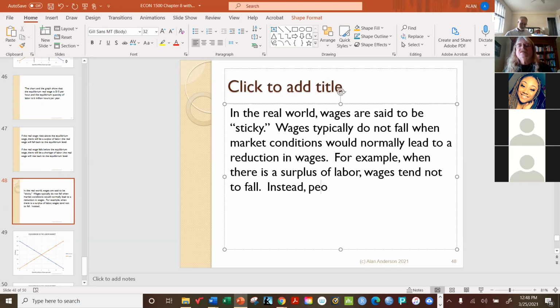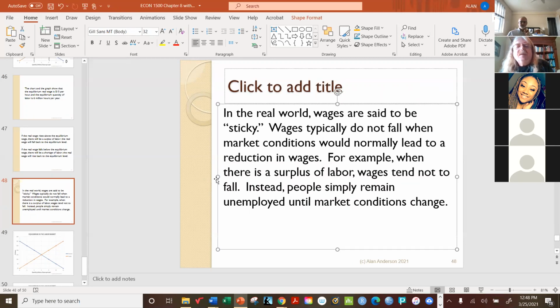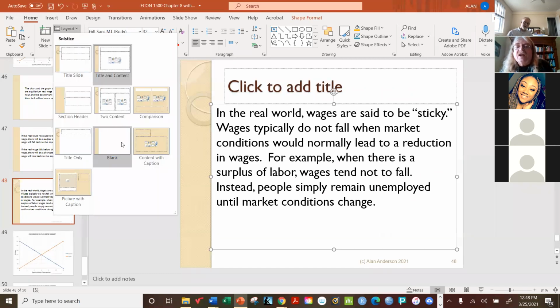Instead, people simply remain unemployed until market conditions change. So this is one of the ways in which the labor market is very different from other markets. The convention is that employers do not lower wages. Instead, people lose their jobs.